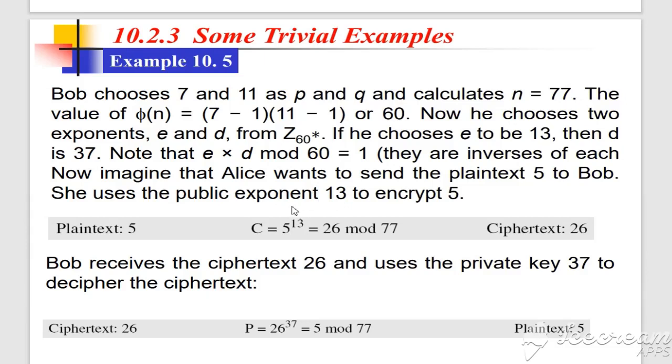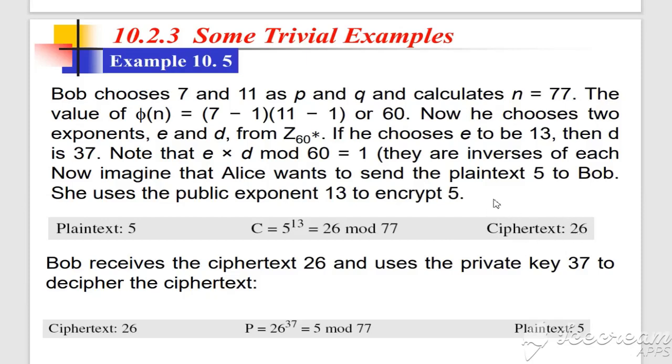After using this value, you can get the cipher text as 26. Here you can see you have the plain text as 5, and 5 to the power 13 mod 77 will produce the cipher text as 26.